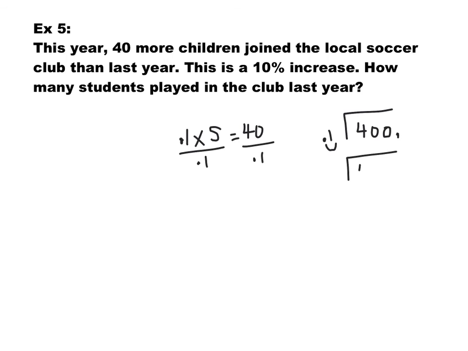So the division is 400 decimal point divided by 1, and the decimal point is here. 400 divided by 1 obviously is 400. So this means that there are 400 students last year in the club.